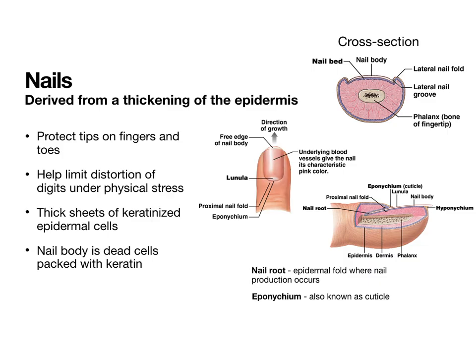So the images over there on the right-hand side show different cross-sections of the nail, different anatomical points of the nail. We have our nail root, which is the epidermal fold where the nail production occurs. Eponychium, which is also known as our cuticle.